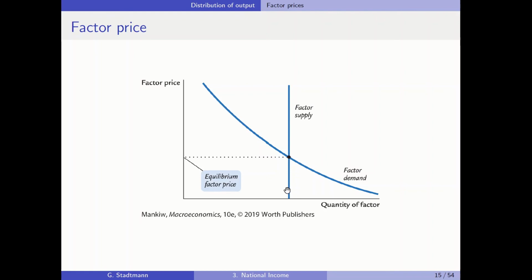So therefore, the factor supply is a vertical line. Factor demand depends in a negative way on the factor price. In case that, for example, the wage rate is very high, the quantity demanded will be low, and in case that the wage rate is low, the quantity demanded will be high. The factor price is variable, and the factor price is in the end equating supply and demand. This is the classical idea.